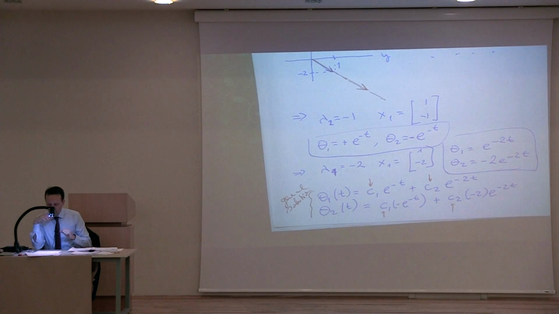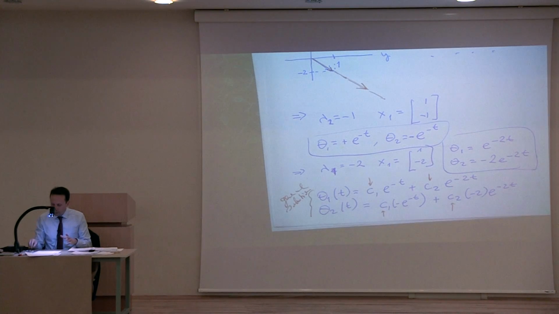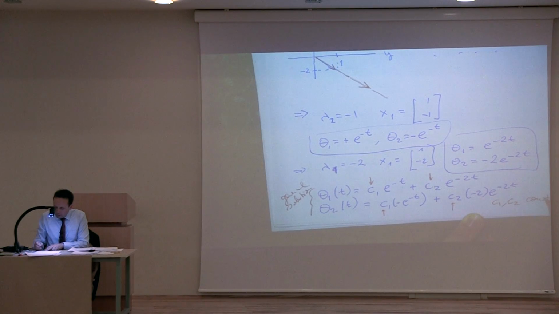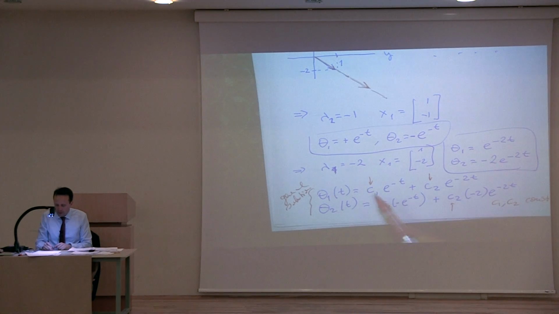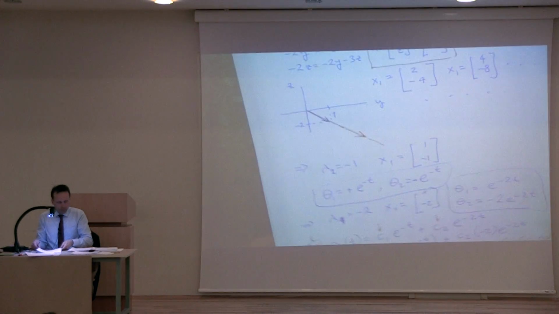But at the same time, the linear combination of these gives you the general solution. So C1 and C2 are constants. And this is a linear combination. A linear combination is a number times that solution, plus a number times the other solution. So that will be your general solution. Okay? If you get confused with this part, you might want to go back to differential equations. If you have two eigenvalues, you get one solution for each, but then the actual solution is a linear combination of these two. Okay? All right.